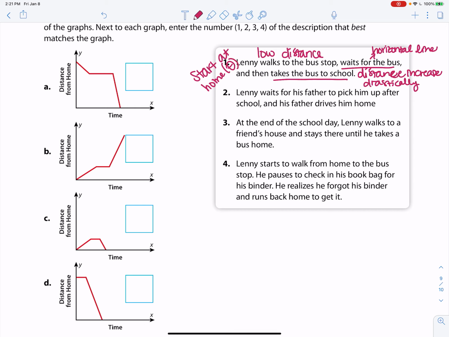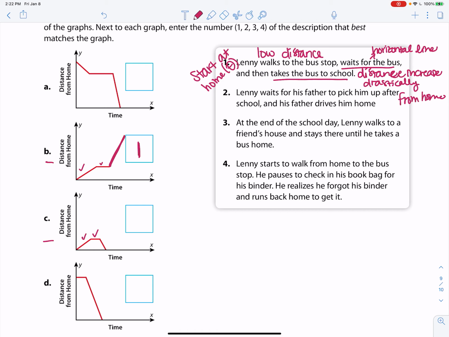The only ones that start at 0 are B and C. And then he's going to wait a little bit, so we have a horizontal line, which both of them have. So yep. And then finally, the distance should increase drastically from his house. So that should be B, because he's going away from his house. The one that matches up to that is B. So number 1 is B.